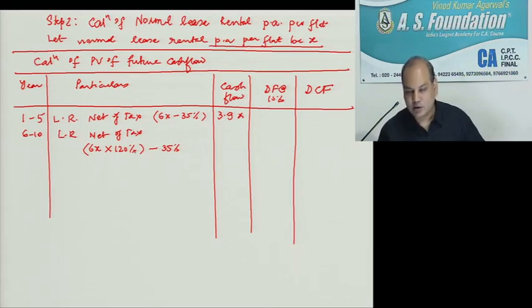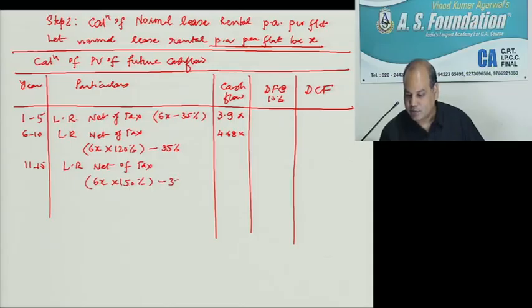So what is the final answer? 4.68x. 4.68x. Very good. 11 to 15. Same note. Try again. Lease rental net of tax 6x into 150% means 9x minus 35% tax payment. 5.85x. Very good.